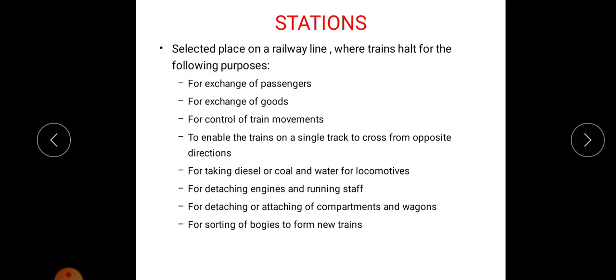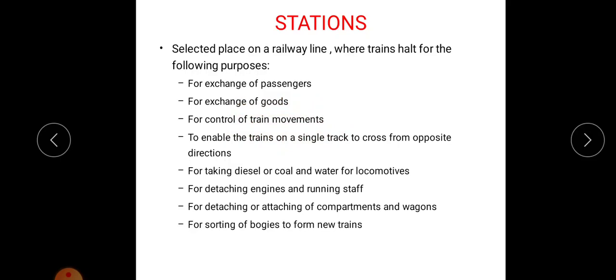And also like this, for exchange of goods also. Next, for controlling of train movements. From the stations we are controlling the movement of trains, that is, arrival and departure of a train is announced on a railway station, etc. Then to enable the trains on a single track to cross from the opposite direction, that is, for single track sections, the railway station is the junction where we are using crossing of the trains.